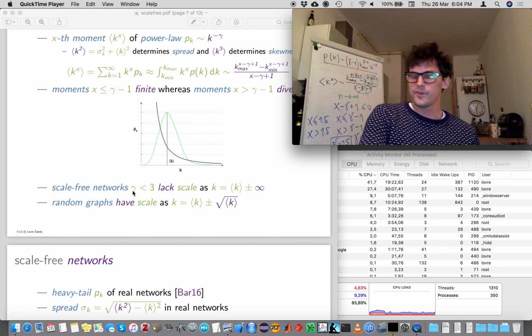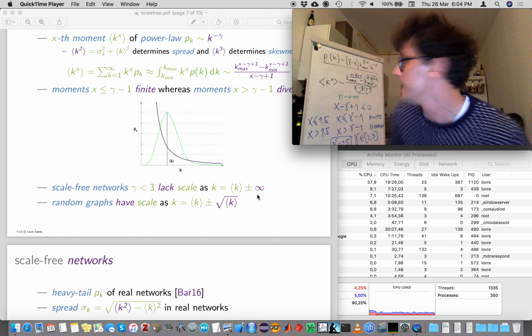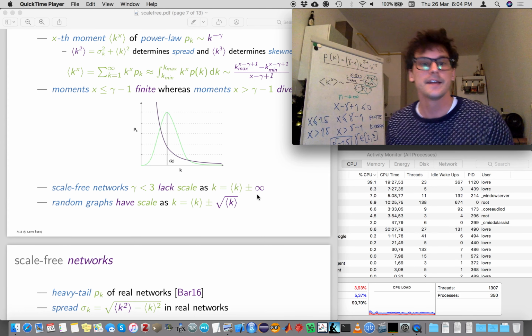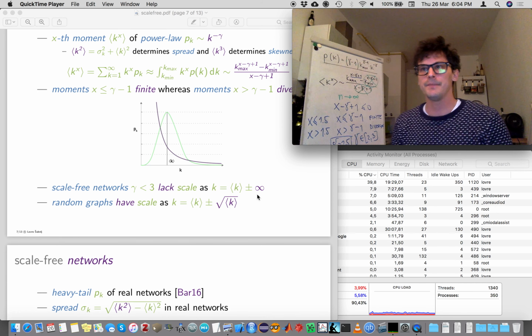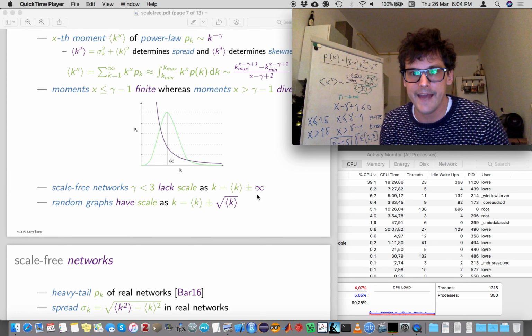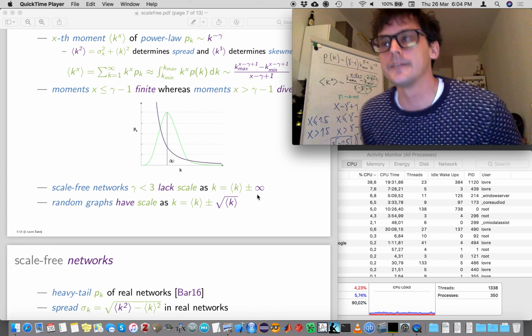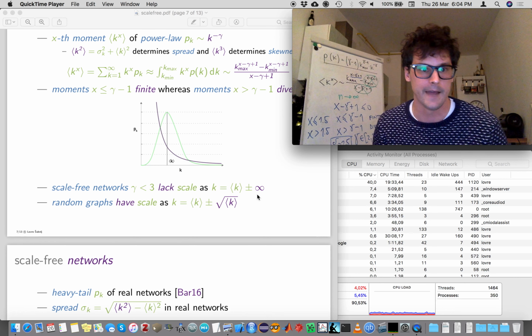And we have shown that for gamma smaller than 3, we would write that k is the average plus minus infinity, because the second moment is diverging, the standard deviation is diverging, so there is no characteristic scale. Although you can always compute the average, the things are so widely spread that most of the nodes do not have degree close to the average.